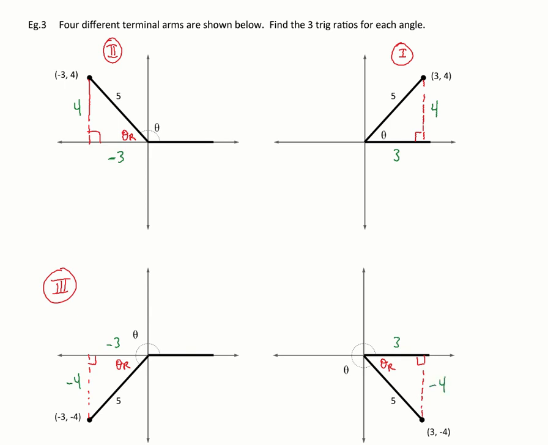So one way of looking at it is really all I just did was I took the x and y coordinates and I put the x on the bottom and the y going up in each case. And if, like say down here, the y coordinate happened to be negative, I labeled that side with a negative number. Okay? All right, so let's do the three trig ratios for each angle.